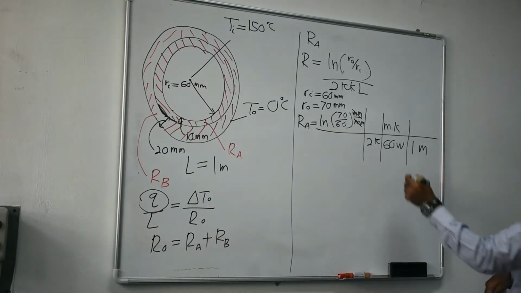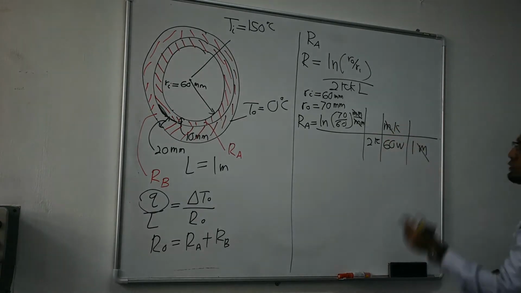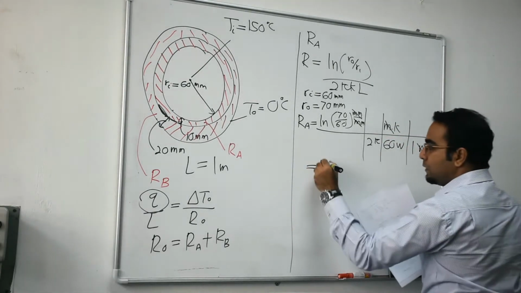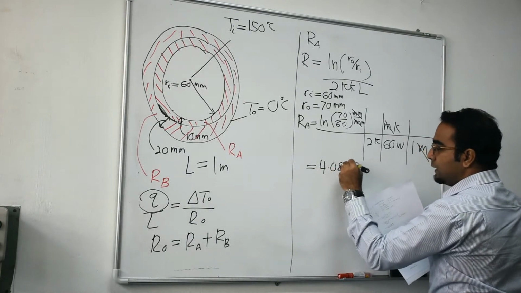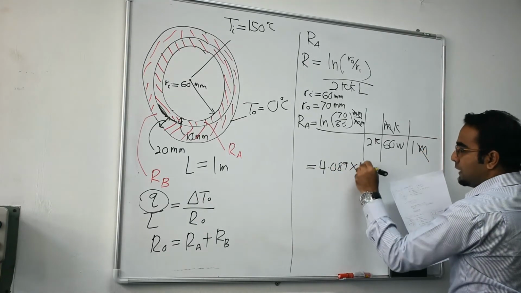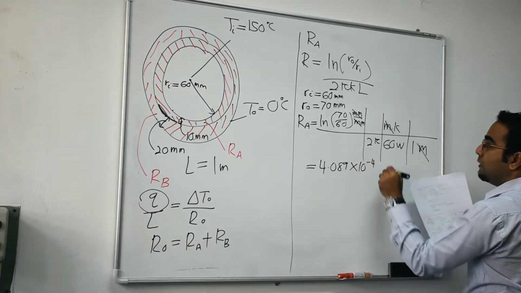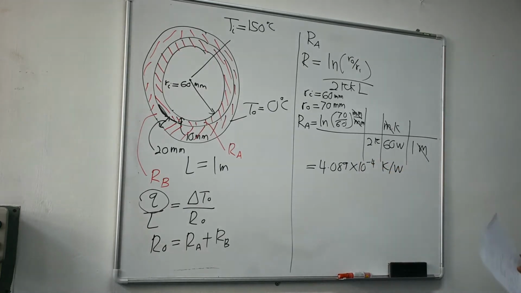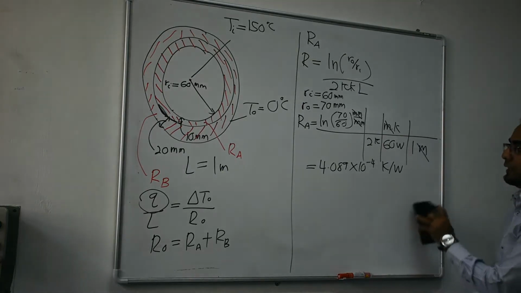Okay, and then we cancel out meter and meter, so we'll get the value of RA is equal to 4.089 times 10 to the power of negative 4 Kelvin over watt. So that is how we get RA.